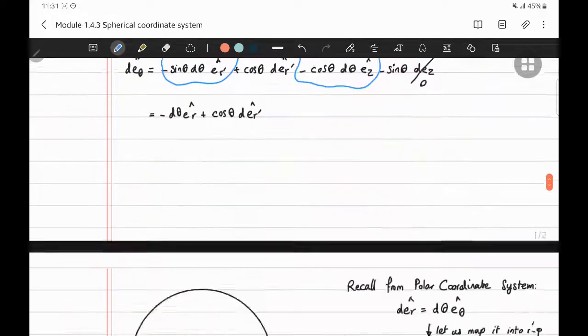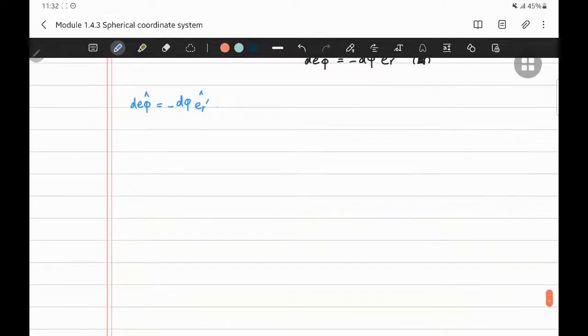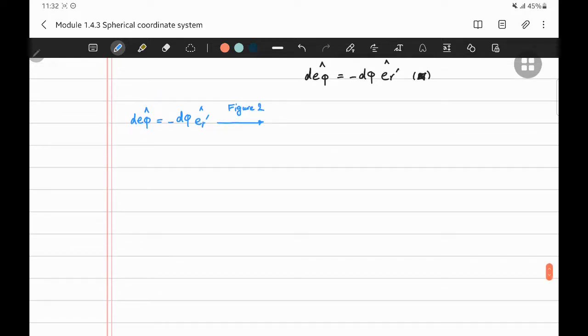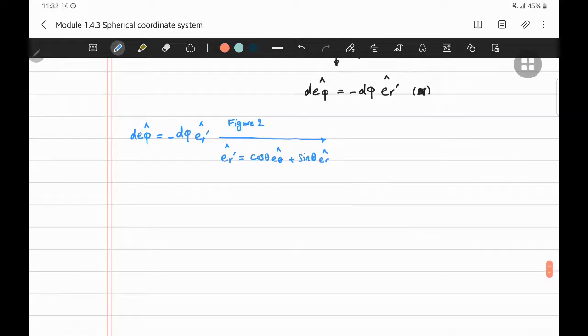So from figure 2, we have er prime is cosine theta e theta plus sine theta er. All right.